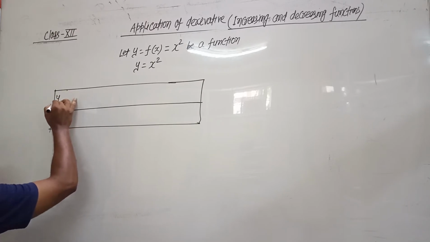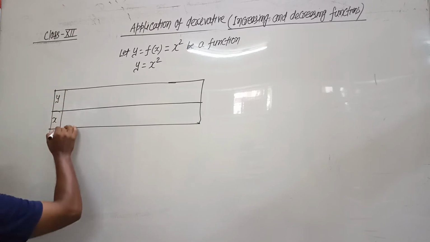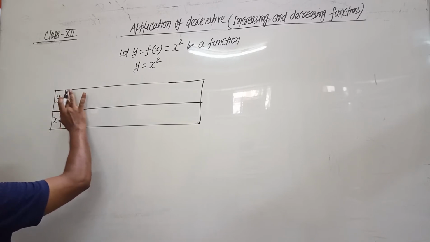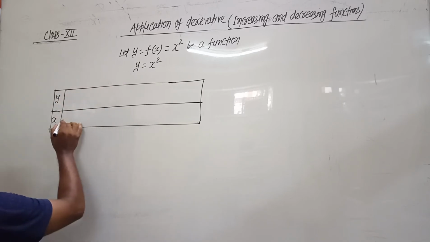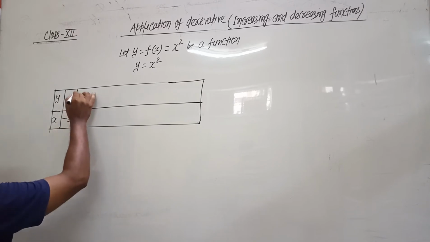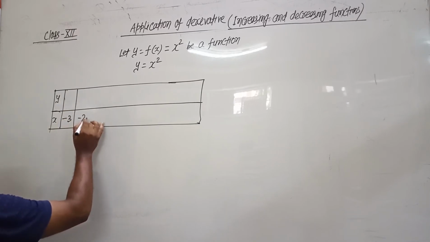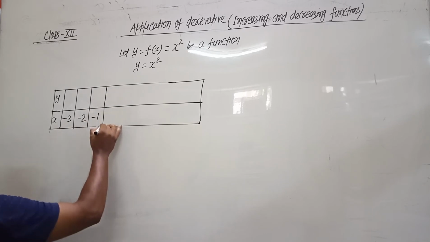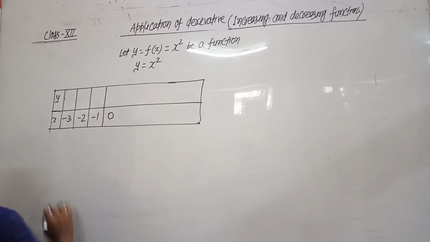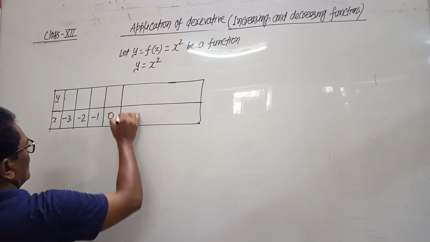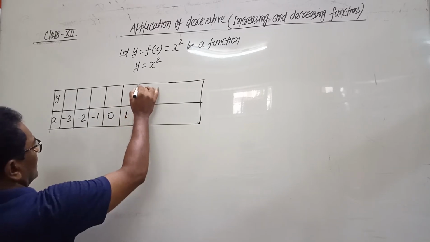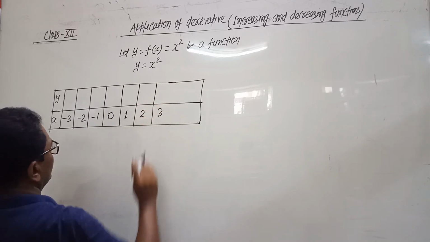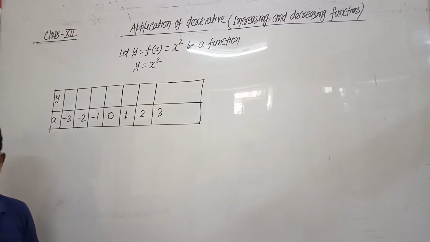This is y and this is x, and different values of x we will take: -3, -2, -1, 0, 1, 2, 3.